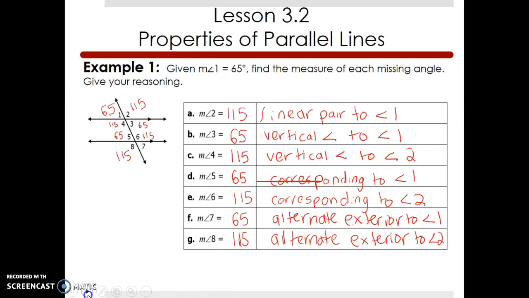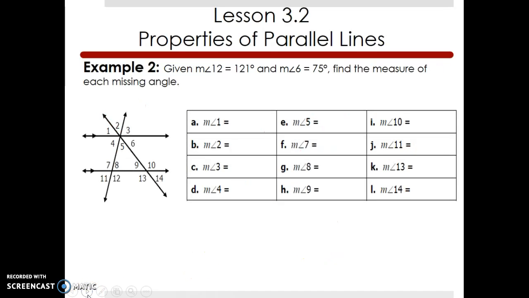So let's try the next problem. Over here, this is a little bit more complicated. You are given angle 12 is 121. Based on that, you could easily figure out a couple of angles. And let's see, this is 75. If angle 12 is 121, we know that angle 7 is a vertical angle with it, so that's going to be 121 as well.